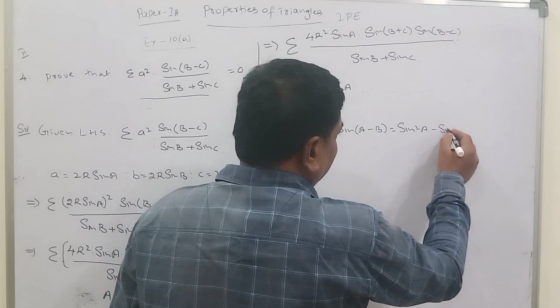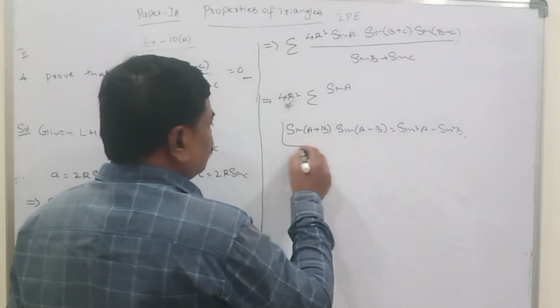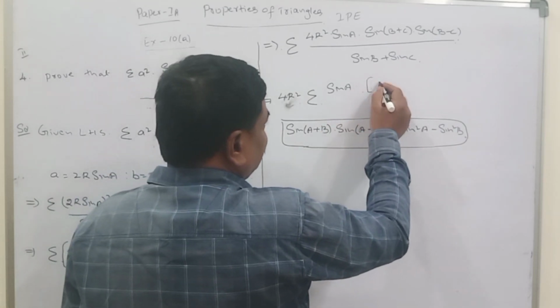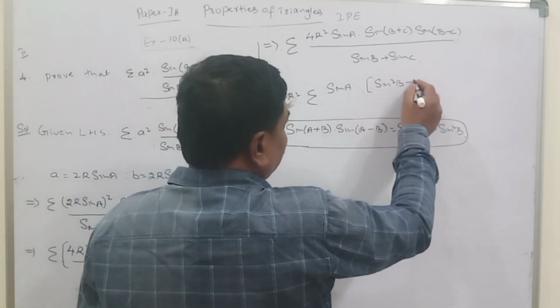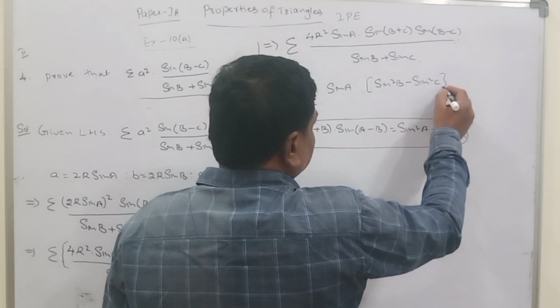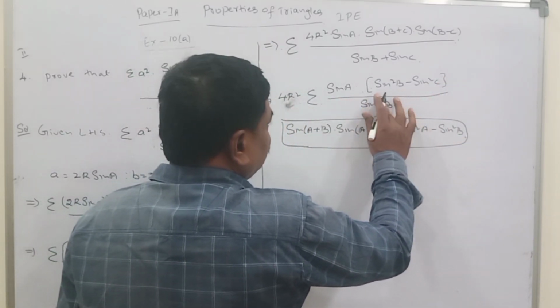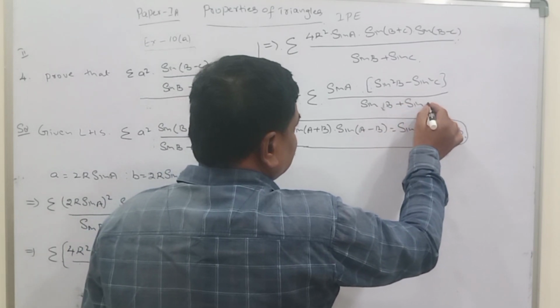Sin square A minus sin square B, compound angle formulas. So it can be written as sin square B minus sin square C. Denominator is sin B plus sin C.